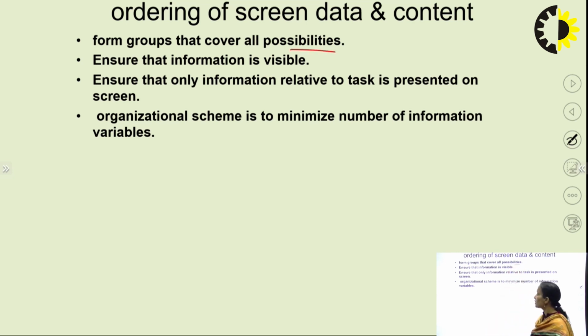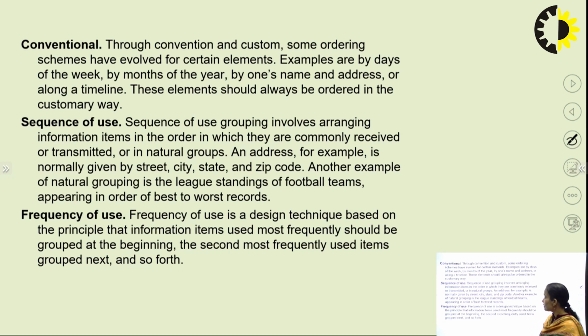We should ensure that all the information is visible and the task is presented on the screen. Conventional here means the same ordering schemes should be used for all the elements. Examples are days of the week and months of the year, which are common for all.